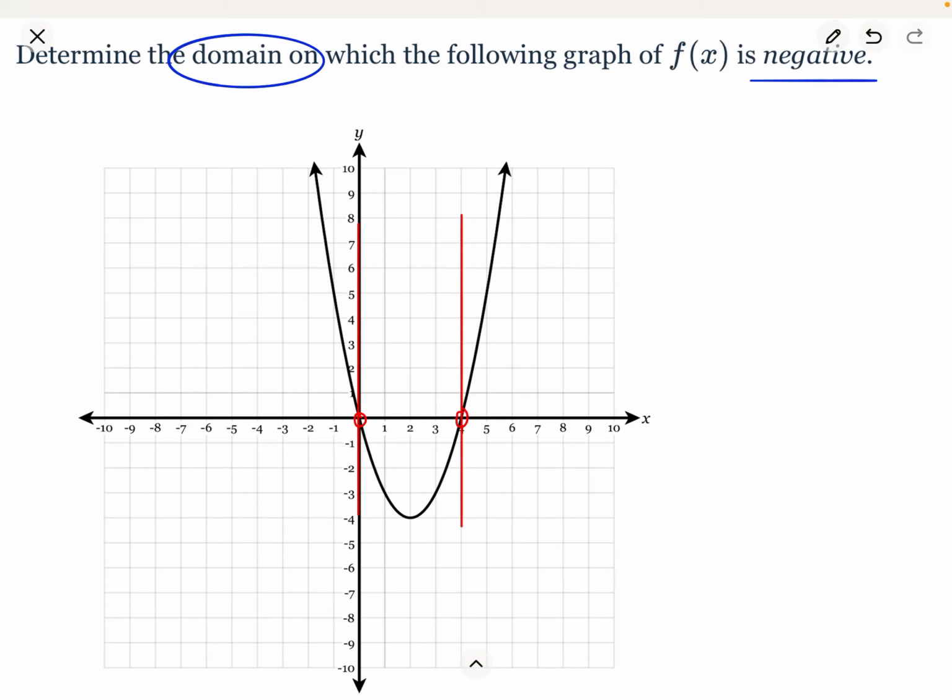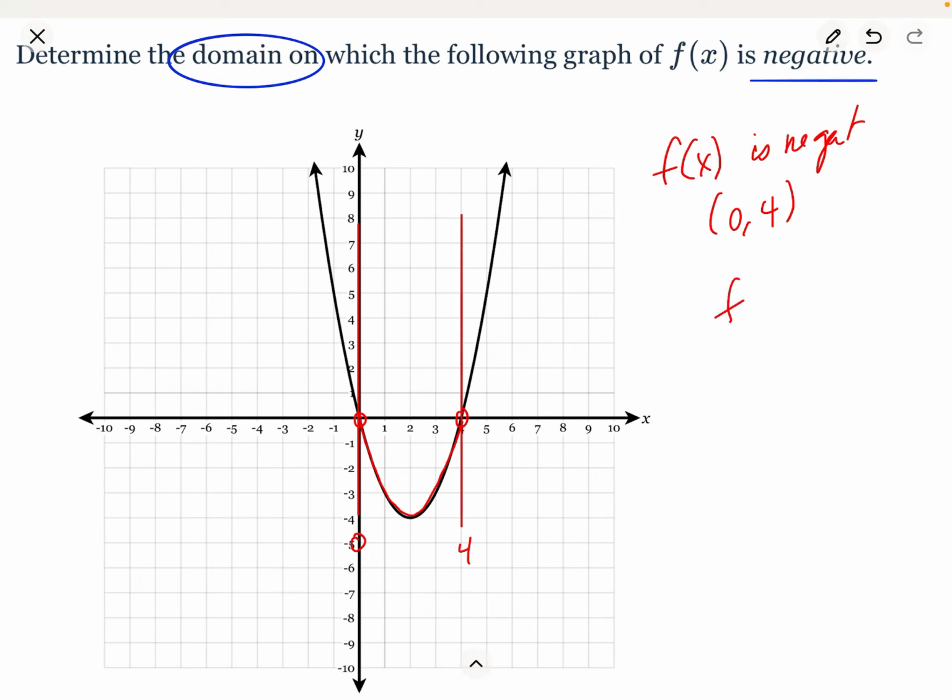So we can see that our interval for the negative piece starts here at 0 and goes all the way over to 4, because this part right here is below the x-axis. So that would be where the function is negative. I would go from 0 to 4.